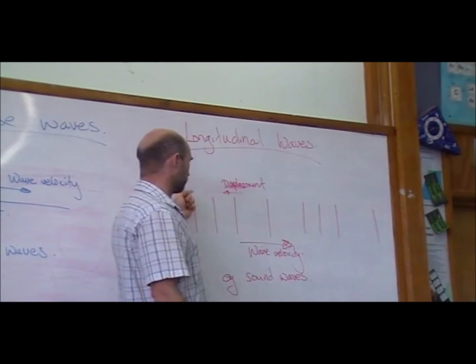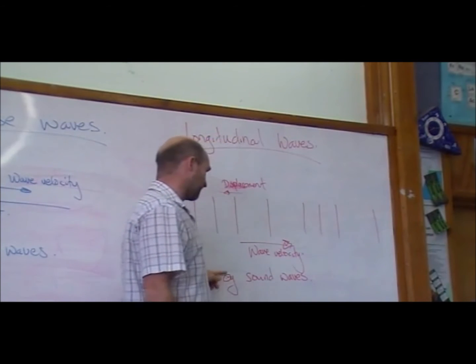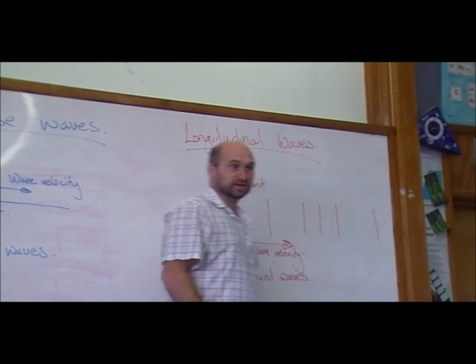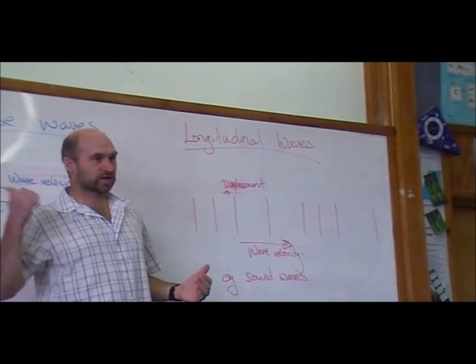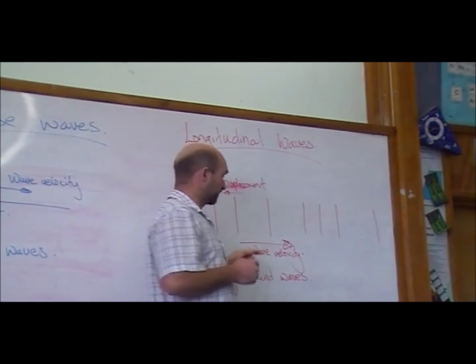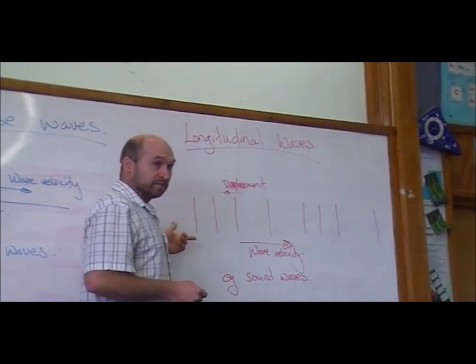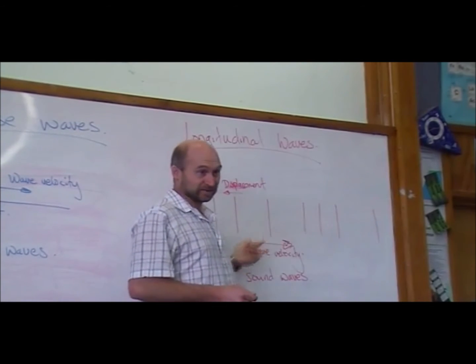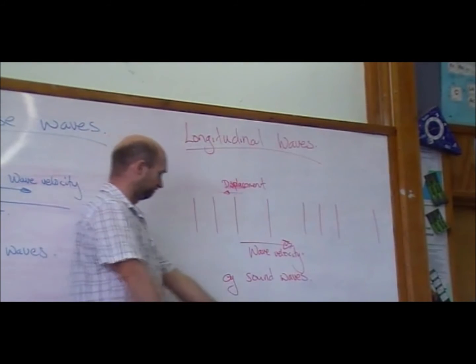So displacement was that way or that way, and the wave is travelling along, and so the difference between the transverse wave and the longitudinal wave is that here the medium is displaced parallel to the direction of wave velocity.